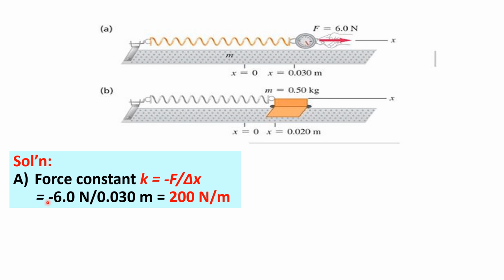Then when we substitute, the value of the force is negative 6 Newton, and that of the delta X, or the displacement, is 0.030 meters.